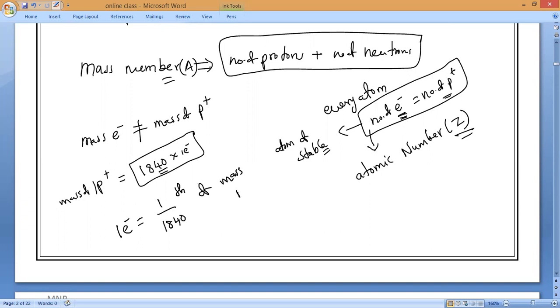That is why it is negligible. So the mass of an electron is negligible. Is it okay, everyone? That is what you have to remember. Please write it down. Any doubt, you can ask.